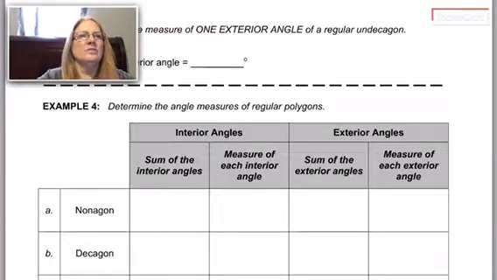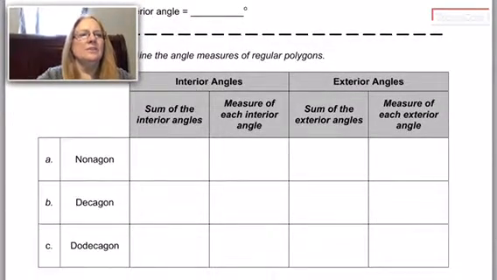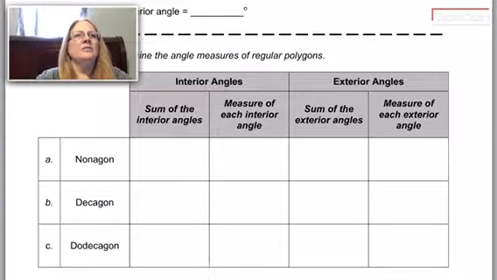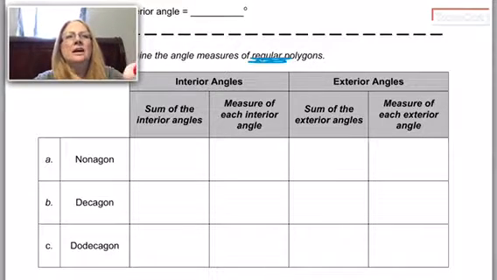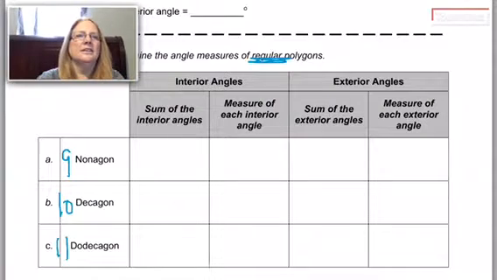Determine the angle measures of regular polygons. Now they give us this chart and they want us to find the sum of interior, measure of each interior, sum of exterior, and measure of each exterior. And they do tell us these are all regular polygons. It doesn't matter for the sums, but it does matter for each. So a nonagon has 9 sides, a decagon has 10, and a dodecagon has 11.